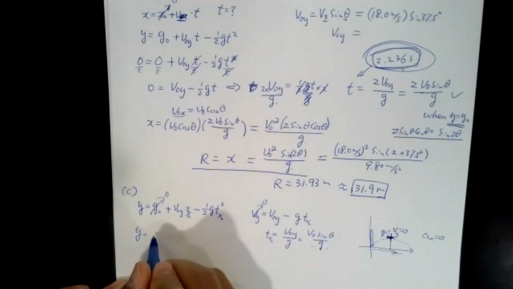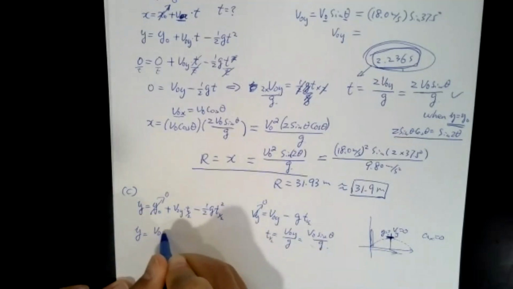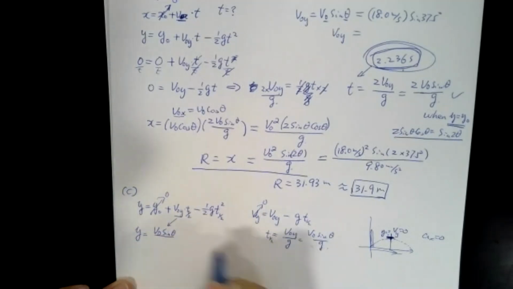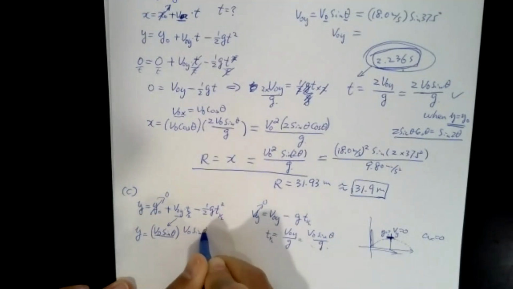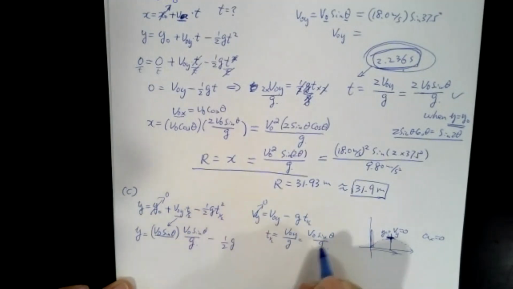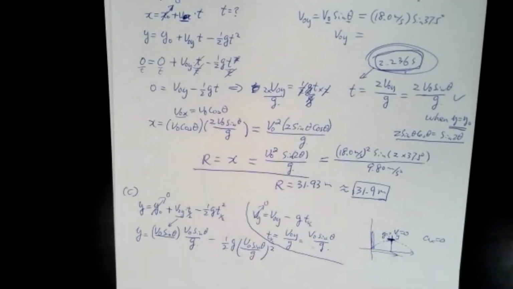So it's your v_0y, which is v_0 sine theta, times the t, v_0 sine theta over g, okay? Minus 1/2 g times this guy. But do remember the square, okay? On the t term here, that's something people often forget. It's a square term, t squared, okay?